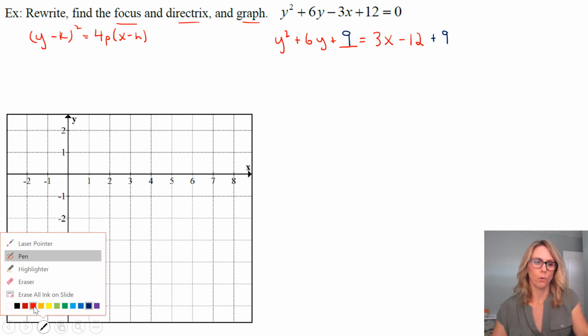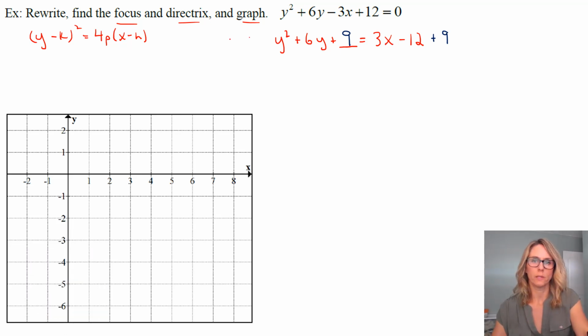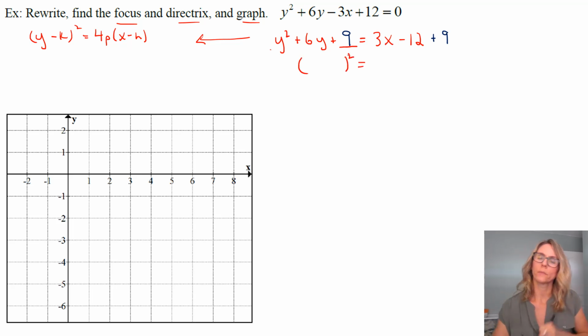Again, our goal here is to write this in this form. So now we need to rewrite our complete square that we have on the left-hand side so it can be factored into something squared. Take a second, see if you can think about what that is. We've got y plus 3.